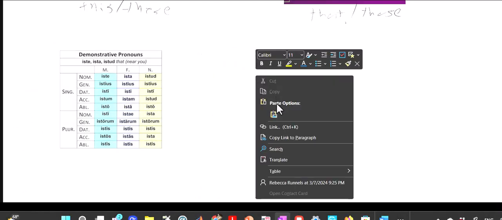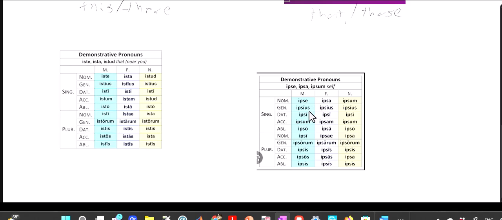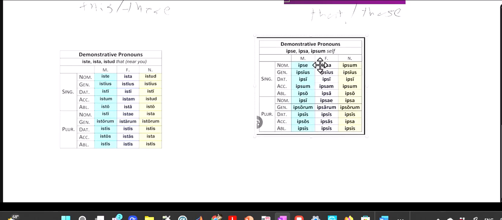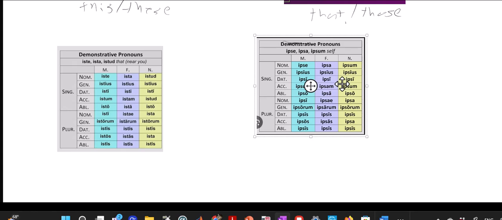So you'll see, just like ille, illa, illud and iste, ista, istud, it's got the ius in the genitive singular and the i in the dative. So ipsius, ipsius, ipsius, and ipsi, ipsi, ipsi. The neuter singular ends in um and not ud. But this is an intensive pronoun. Oh, wait, it says demonstrative. I would not call it demonstrative. I would call it intensive.